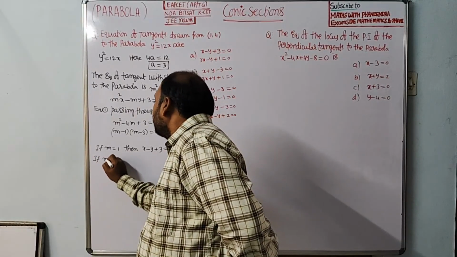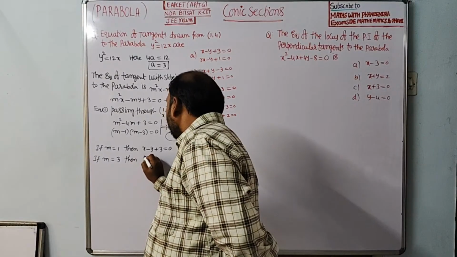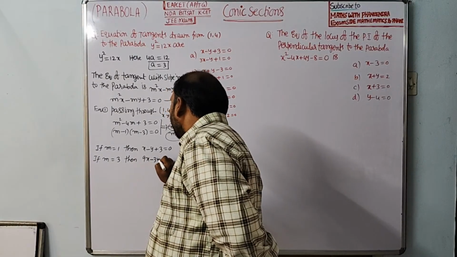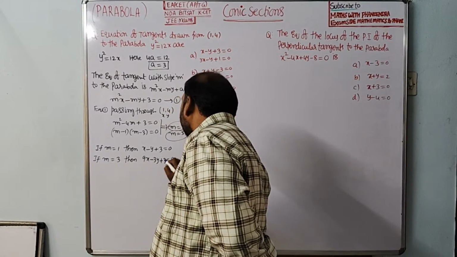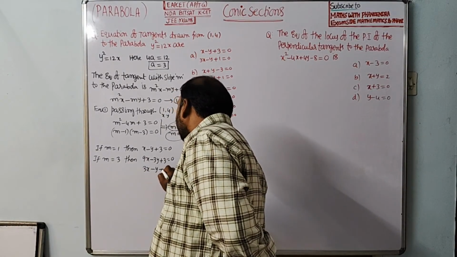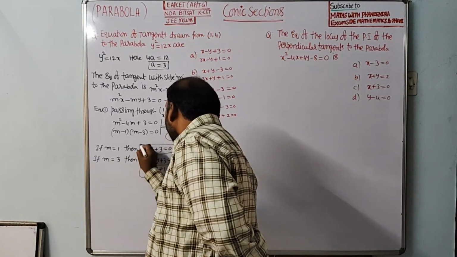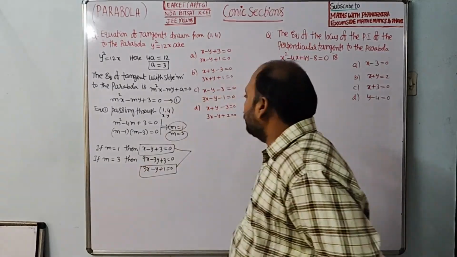If m equal to 3, then 9x minus 3y plus 3 equal to 0. So dividing by 3, 3x minus y plus 1 equal to 0. So these two are the required equations of tangents for the parabola.